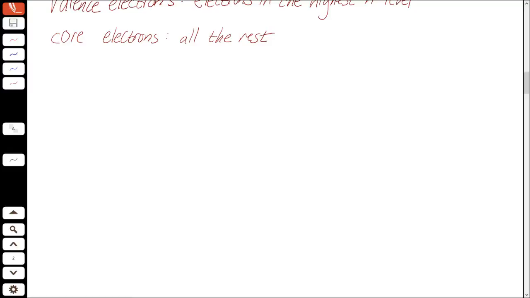You can predict chemical or physical properties of materials and of elements based on their electron configurations, and more specifically their valence electrons. If you go on in chemistry, to organic chemistry, to inorganic chemistry and whatever else, they will always be talking about how those electron configurations influence what's actually happening.